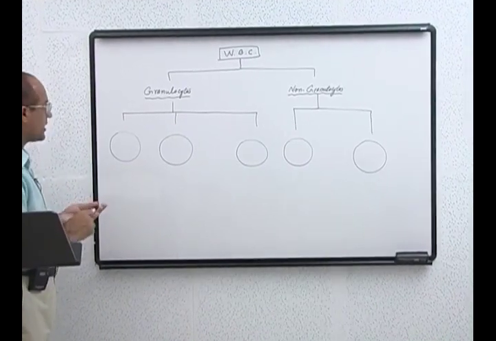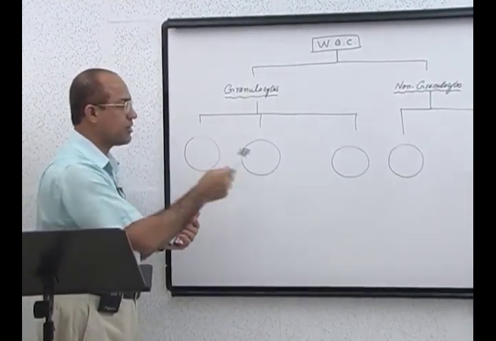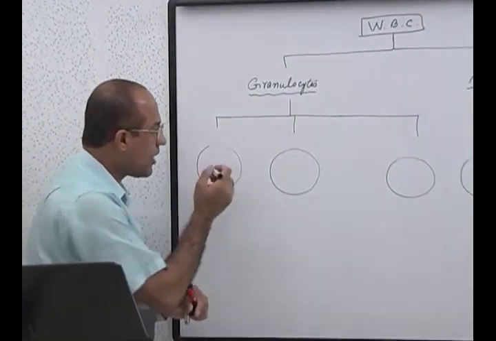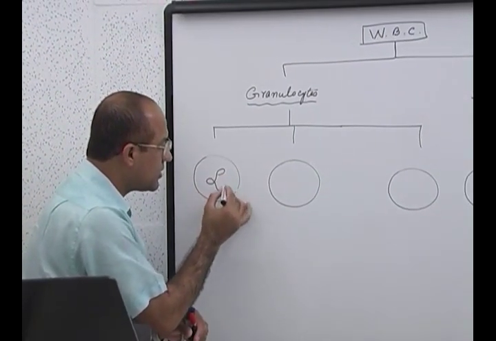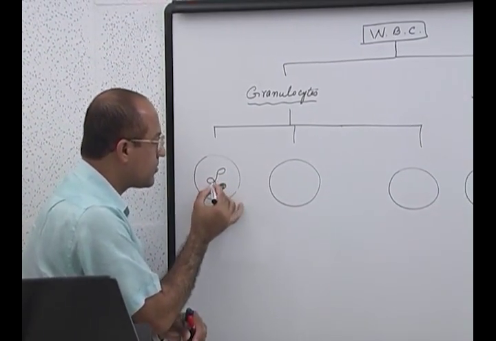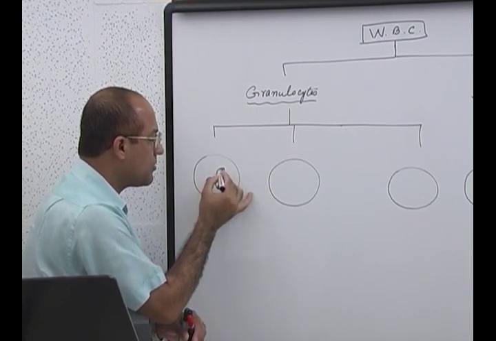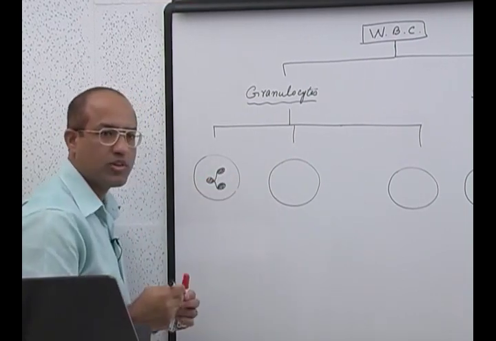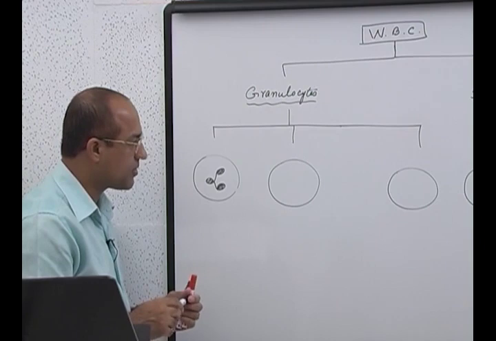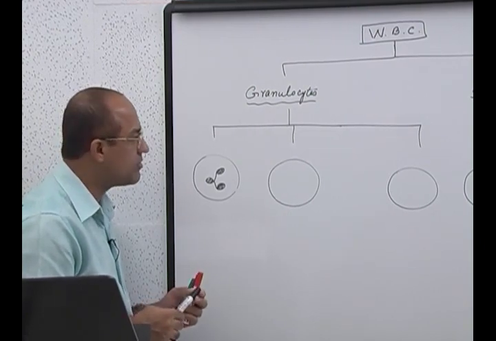Now, among granulocytes, how do you differentiate neutrophils from the others? Neutrophils have a nucleus which is multi-lobed, right? 2 to 4 lobes of nucleus, a multi-lobated nucleus. Neutrophils characteristically have this.